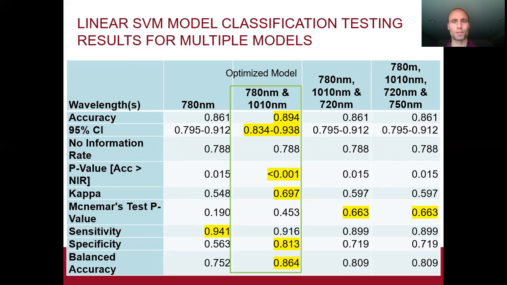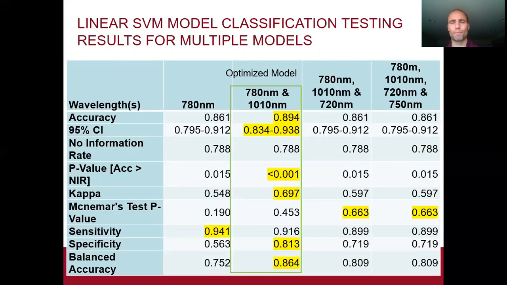What I want to point out to you is that based on machine learning, specifically linear support vector machine learning, our optimized model, the one in the middle column, outlined with the green rectangle, included reflectance measures from 780 nanometers and 1010 nanometers.